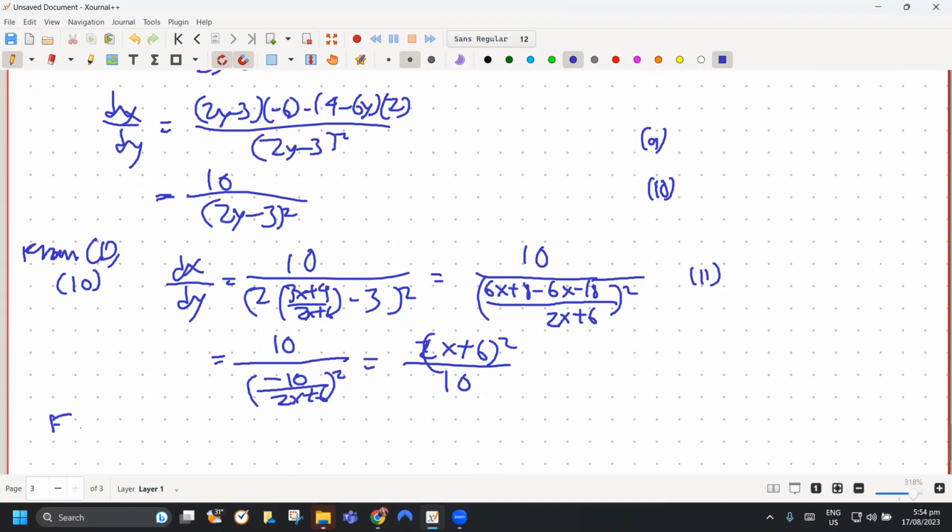Okay. So, teka, from 4 and, ano equation number yung ano? So, dx dy is 1 over dy dx.